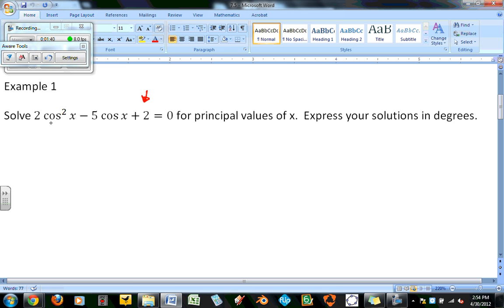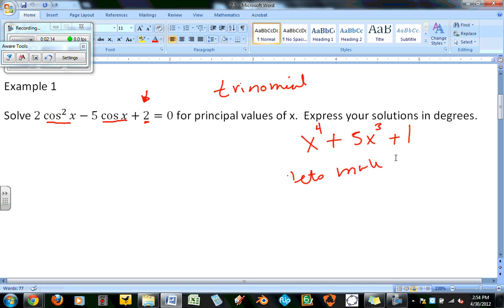If we look at this closer, I have a variable squared, then just the variable itself, and then a constant. If you remember your algebra days, that means we have a trinomial. I know you've done a problem back in Algebra 2 like x to the fourth plus 5x cubed plus 1, and you substituted: let's make u equal x squared.